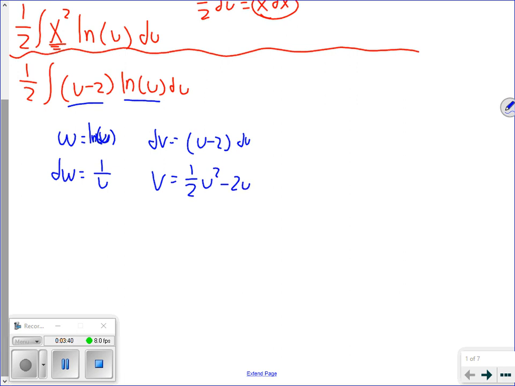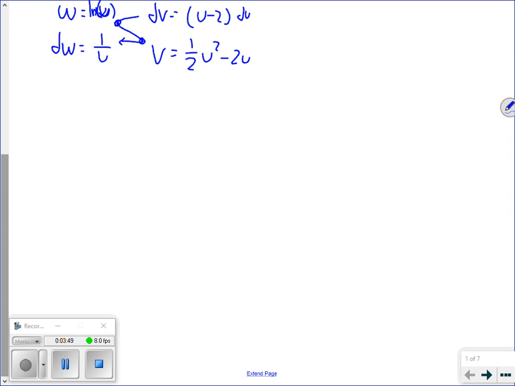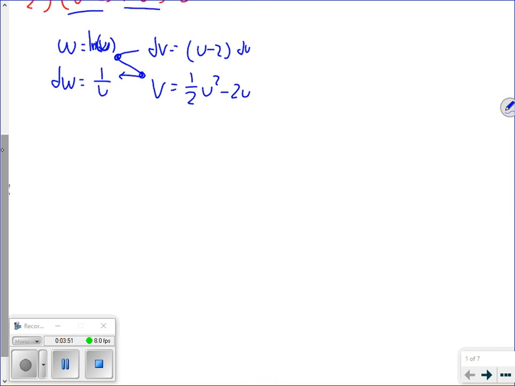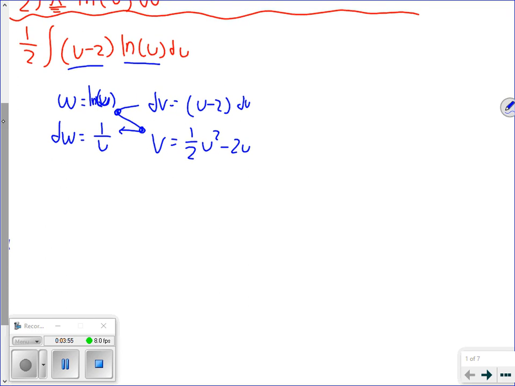I'm doing a little zigzag here to keep me on track. So I'm going to do wv minus the integration of v dw. This is just a lesson from yesterday. Don't forget about your 1/2, because I almost always do.